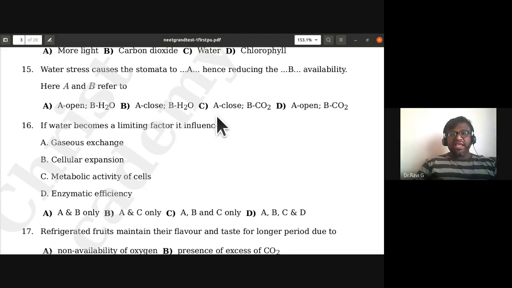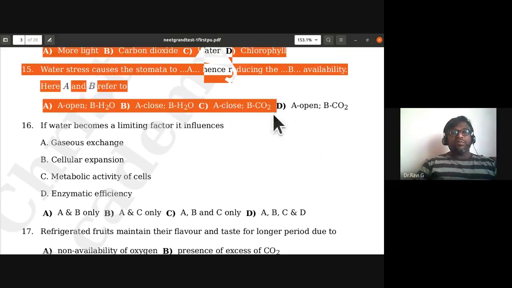So the answer is A is closed, B is carbon dioxide. See, whenever the stomata are closed, the carbon dioxide availability is going to reduce because of the closure of stomata. So C is the right option.